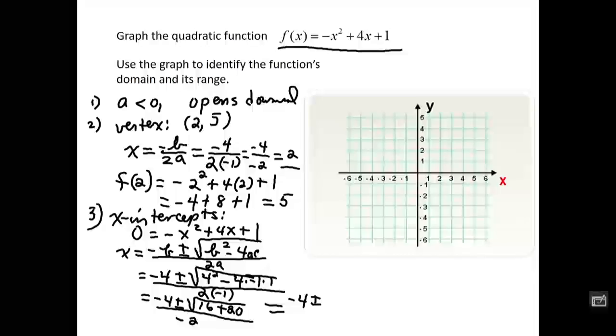I have 20, so let me erase it. A negative 4, negative 1.